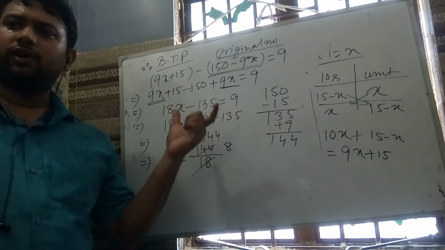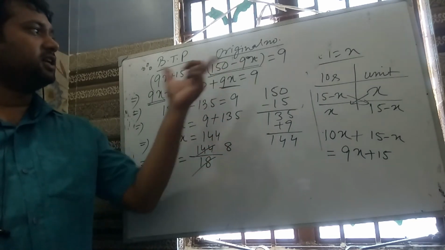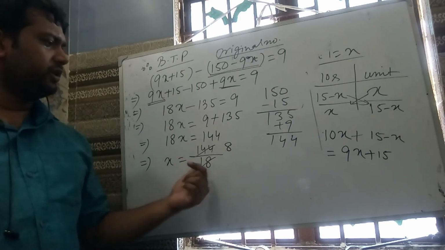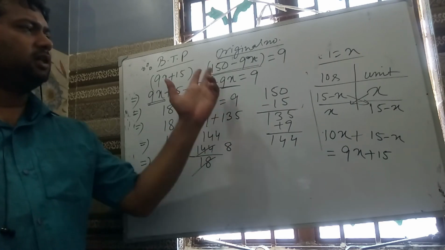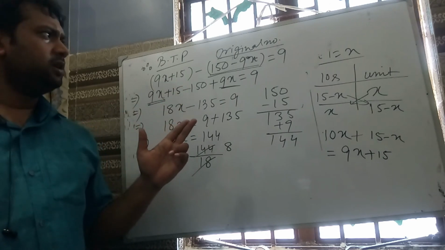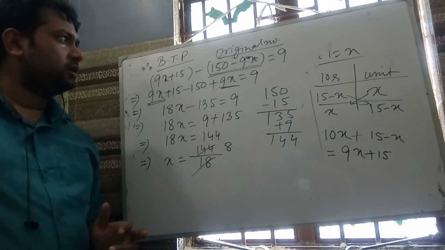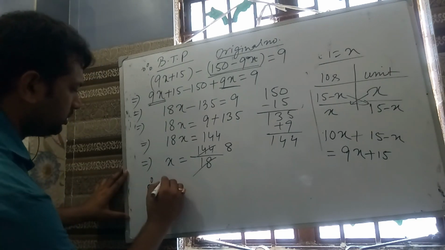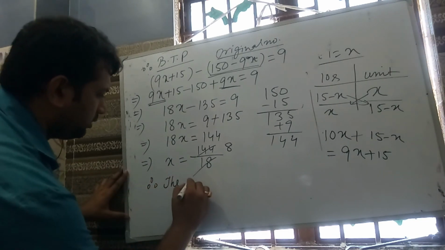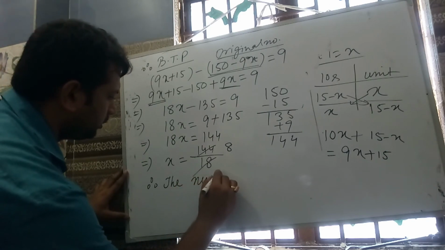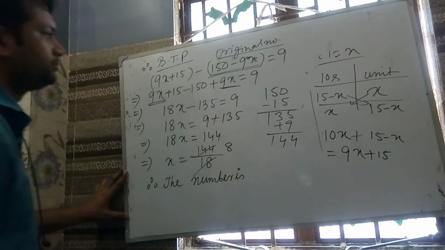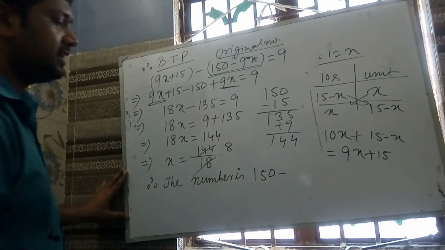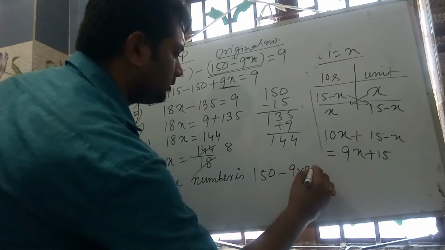Here the question is you have to find out the number, meaning the original number. We have solved the equation. We have found x equal to 8. But the final answer will be the original number. So write down: therefore, the number is 150 minus 9x, that is 9 into 8.